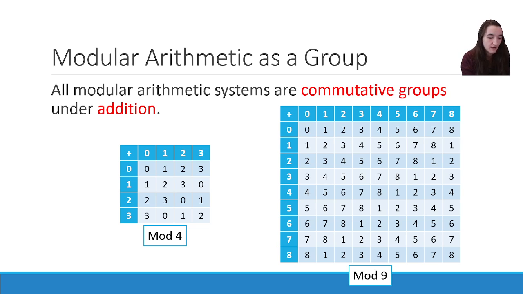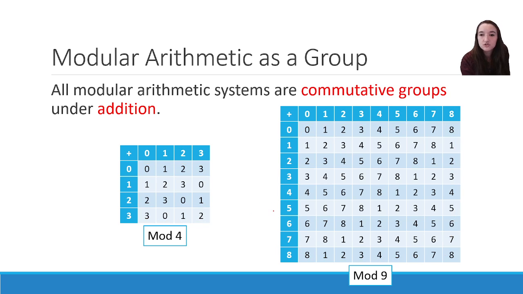So here I have the mod 4 addition table and the mod 9 addition table. And I can actually make this statement that all modular arithmetic systems are commutative groups under addition. We can see this visually. We've got closure. All these numbers are just 0 through 3, just 0 through 8.